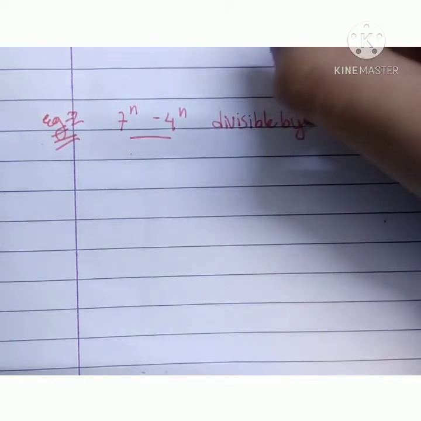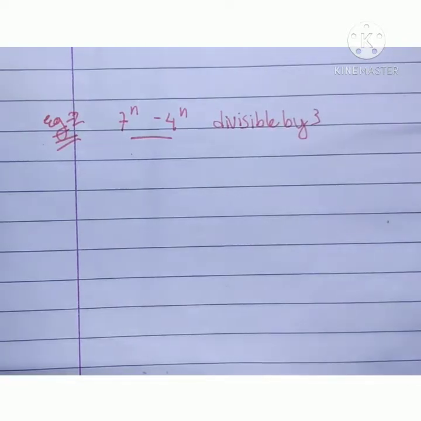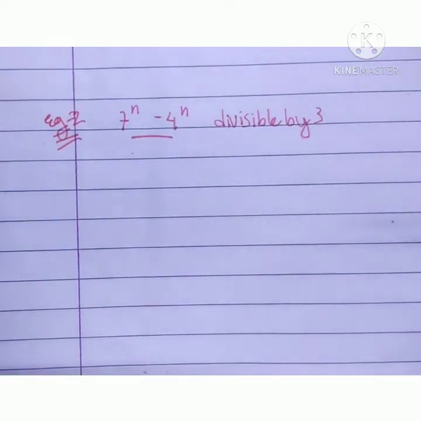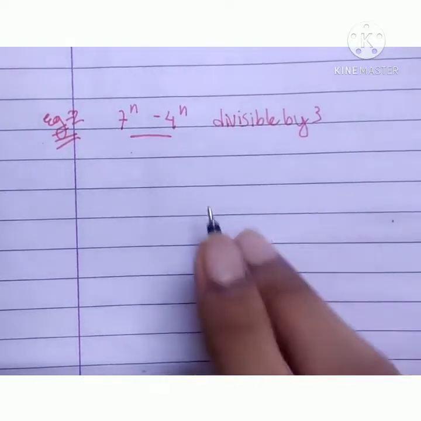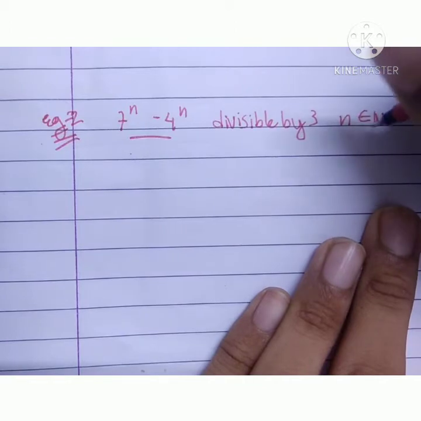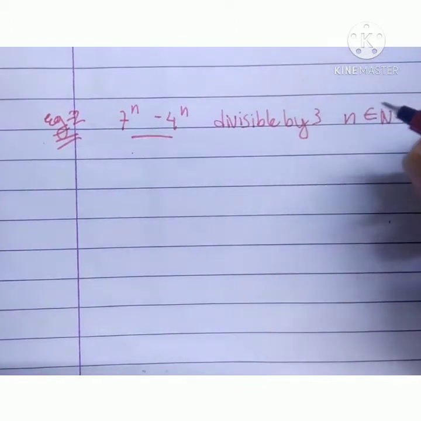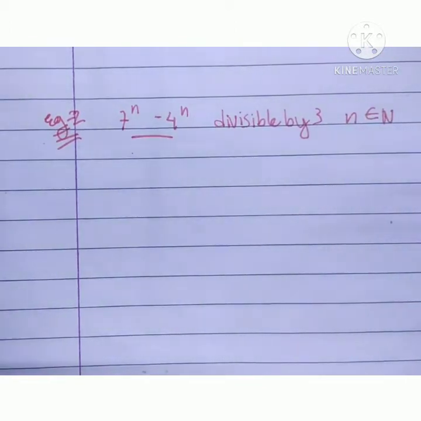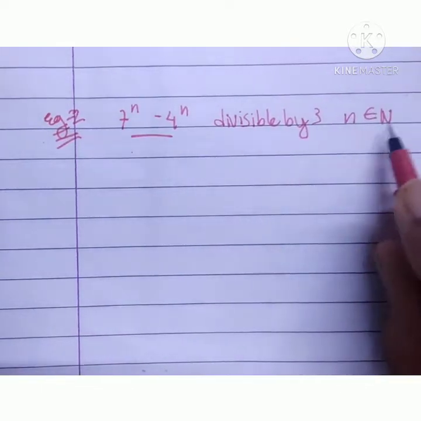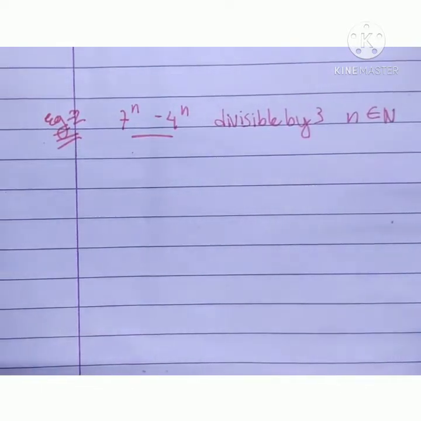Basically, when we divide it by 3, we get an exact answer and no remainder except 0 is left. I have to prove it by the principle of mathematical induction, where n belongs to natural numbers, because this is a class 11 topic. So you should know that this is the symbol of belongs to. Now let's see how you can do it.